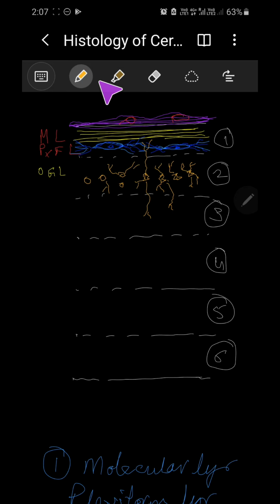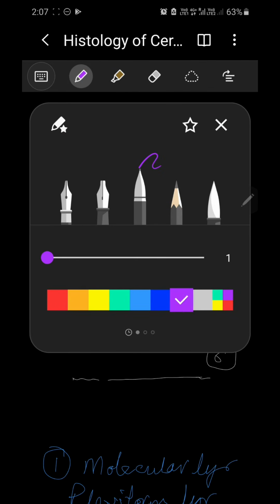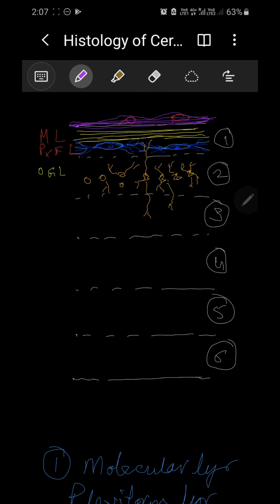Don't forget, as I told you before, that the cerebral cortex is made up mainly of two types of cells, granulocytes and pyramidal cells, and they are present in all the layers, except that pyramidal cells will not be present in the sixth layer. These pyramidal cells appear as small triangular cells.